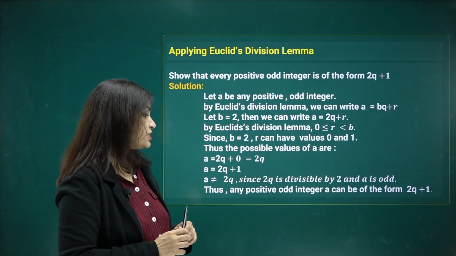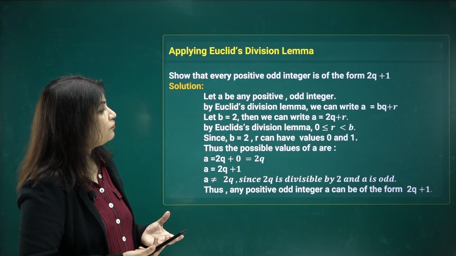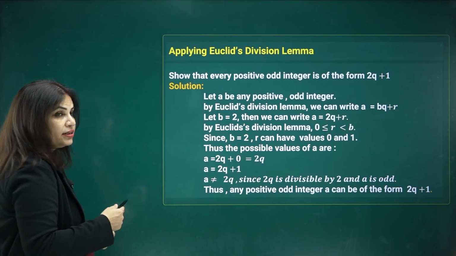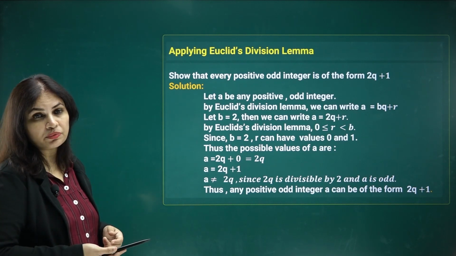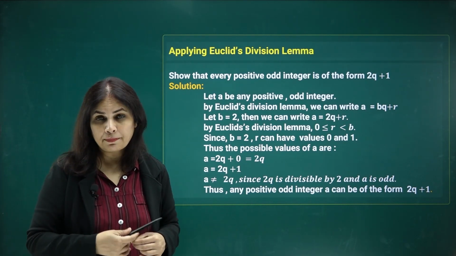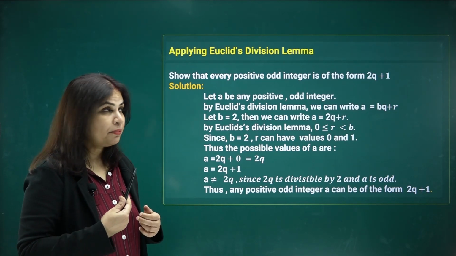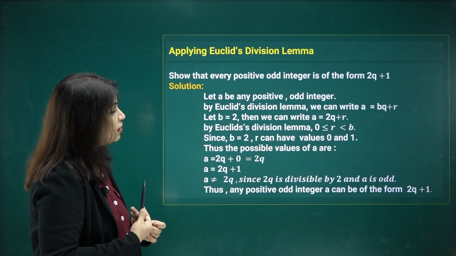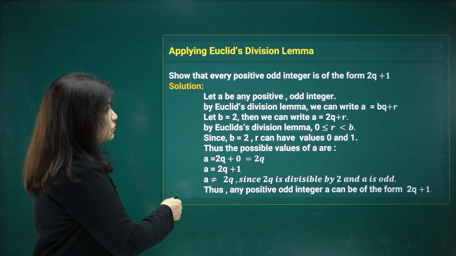Thus, any positive odd integer can be represented in the form of 2q plus 1. This can be carried forward. We may have several questions of the same type. Sometimes you may be asked to prove that every positive odd integer which is a multiple of 3 is of the form 3q plus 1.